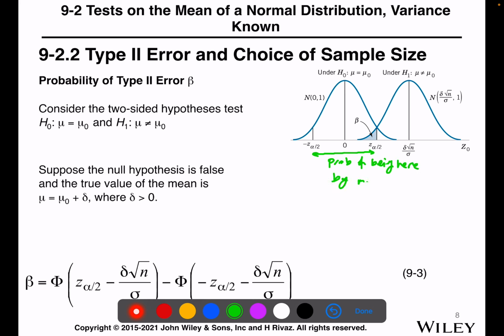We have assumed that H0 is incorrect and H1 is the correct one. So that means that our distribution follows this curve. The probability of being in this region means the area under this curve. So it's basically this area. That's what we want to compute.